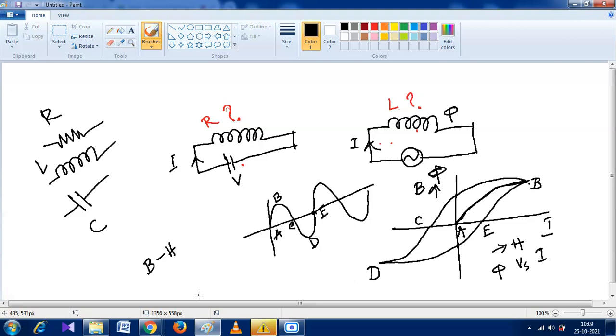B is phi by A, that means flux density, and H is equal to Ni.